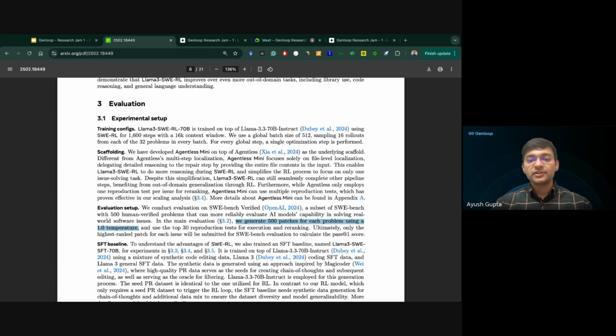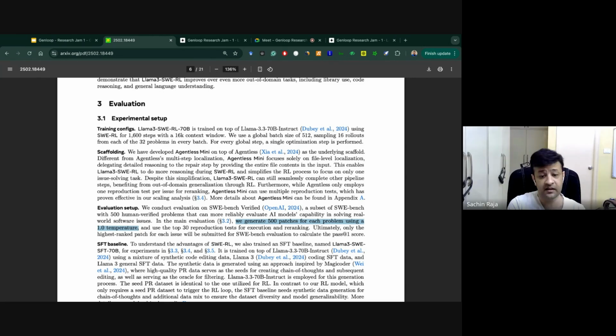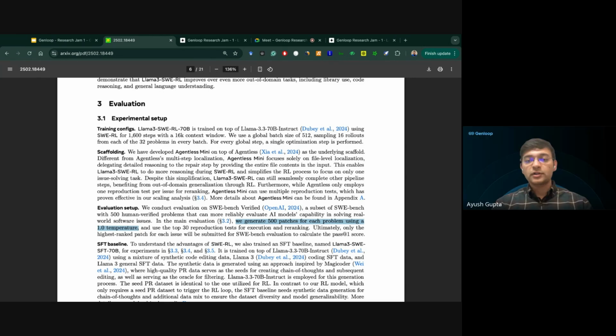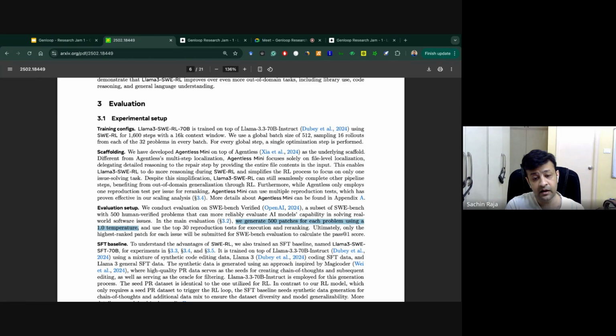So with the 500 patches, they ran the reproduction tests on the top 30 of the patches that were getting generated. Those top 30 could be from the reward model. Okay, I get it.